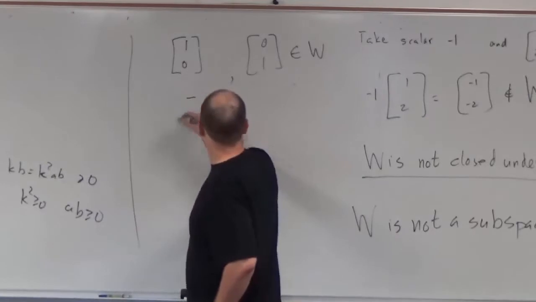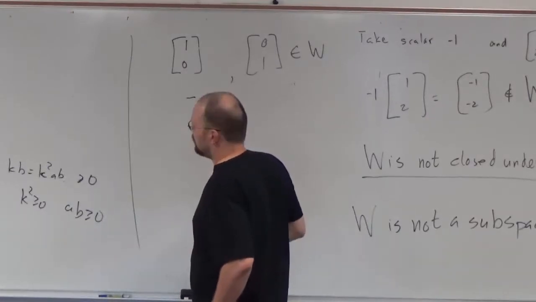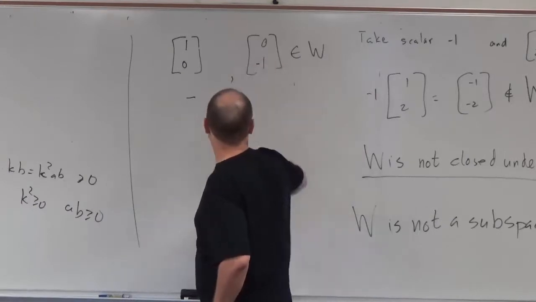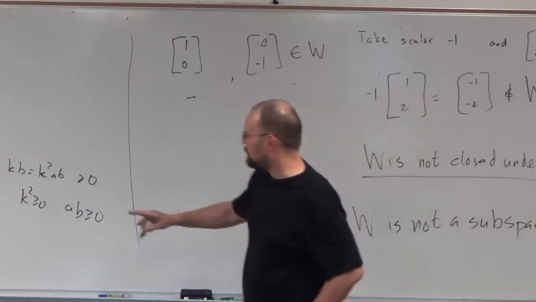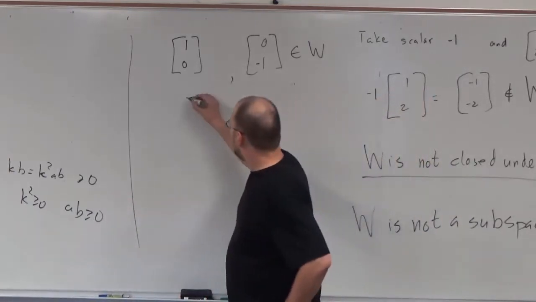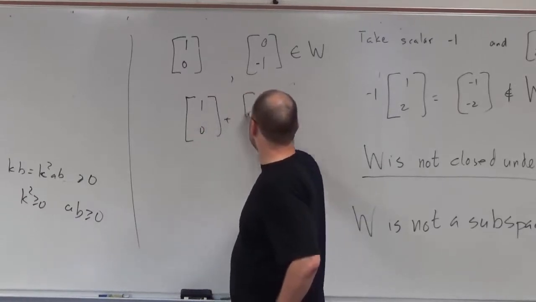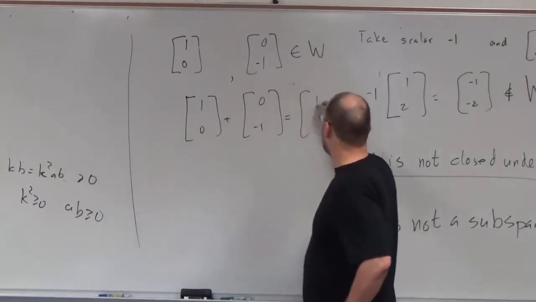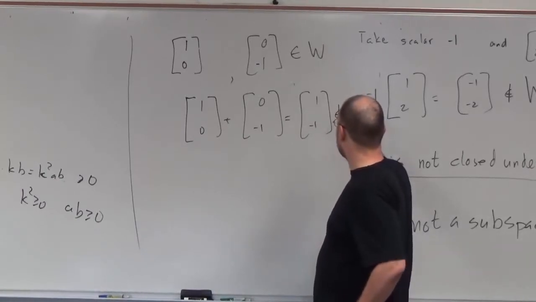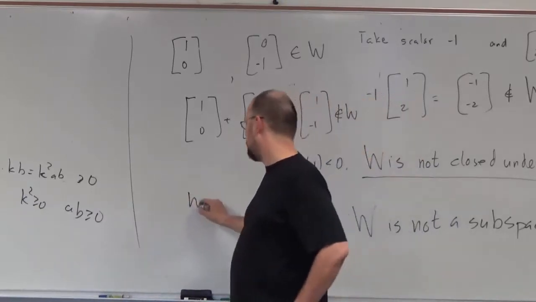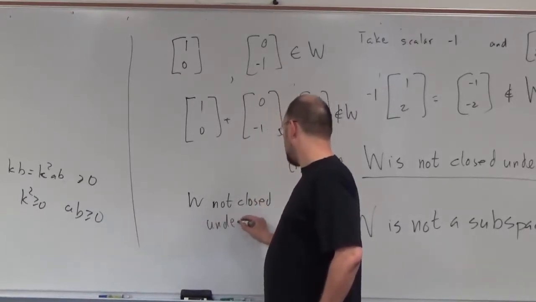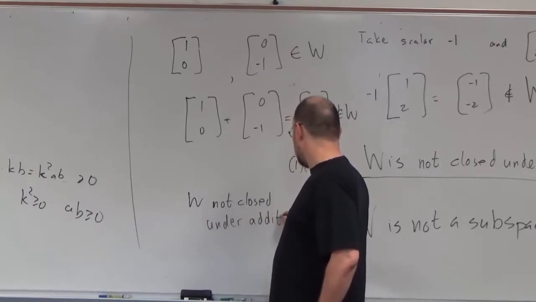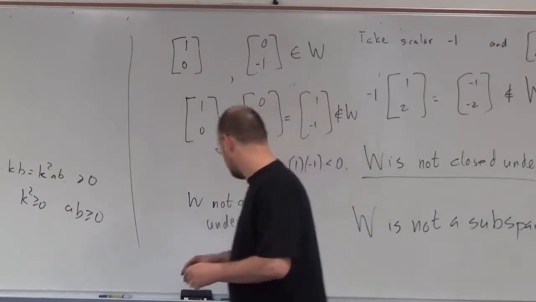You add these up and you get (1, negative 1). This is no longer in W, clearly, because 1 times negative 1 is negative. So this is not closed under addition. Therefore, W cannot be a subspace. It's not a vector space in its own right.